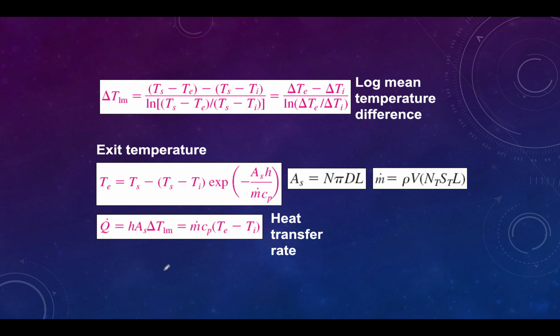Sometimes you have to find the rate of heat transfer. Normally we want to find the rate of heat transfer for the tube banks, and then from here we have to find H. How to find H, the heat transfer coefficient? That is why you need to calculate the Nusselt number.